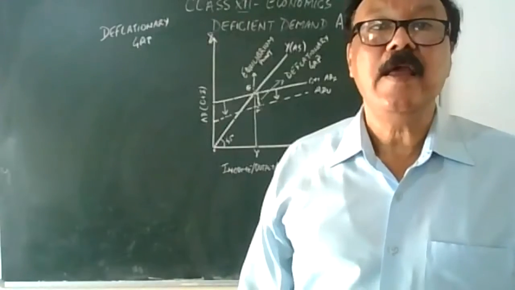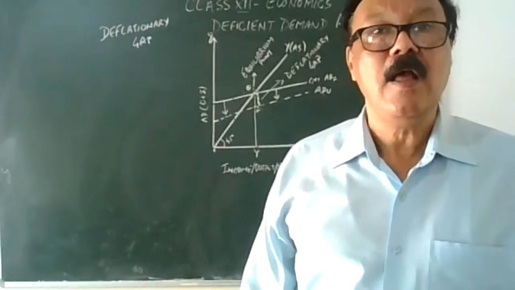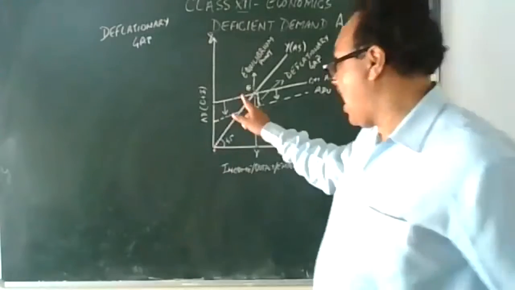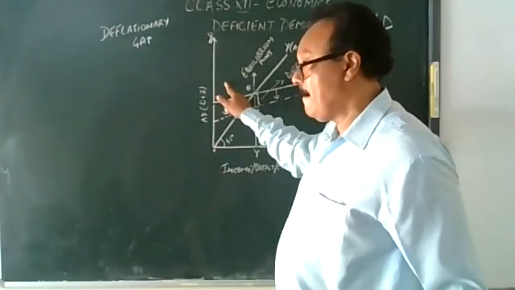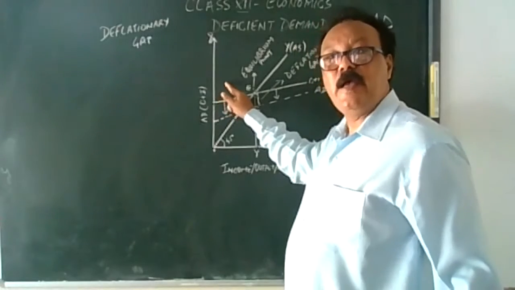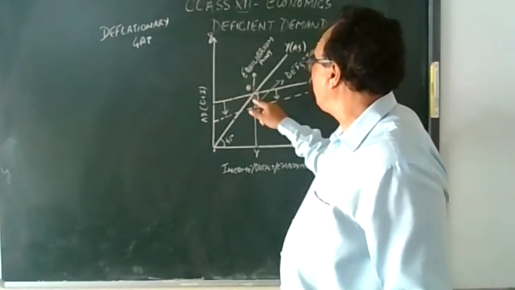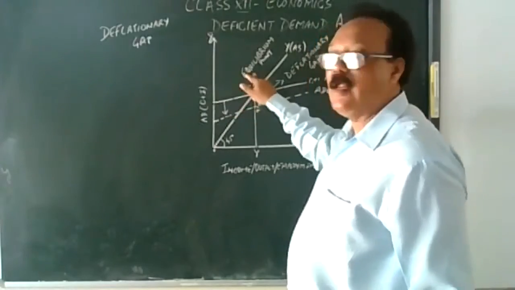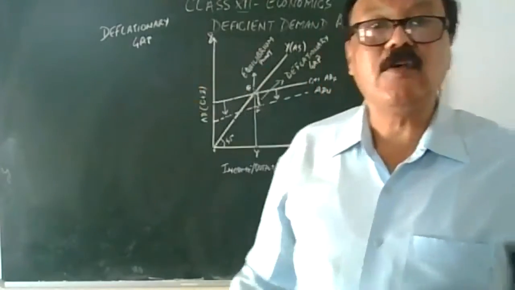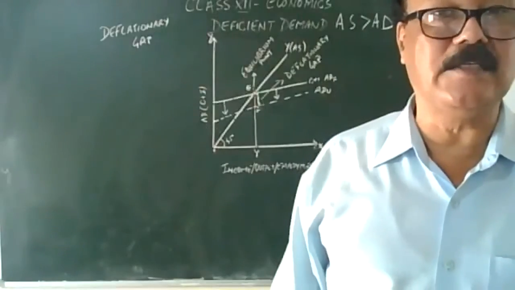This causes inflation. Yesterday we spoke about the inflationary gap, that is when the AD shifts upward because of an increase in the investment expenditure. The gap between the old AD and the new AD above was called the inflationary gap. This causes a rise in the prices.